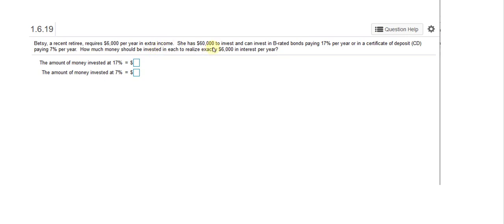She has $60,000 to invest and can invest in B-rate bonds paying 17% per year, or in a certificate of deposit, CD, paying 7% per year. How much money should she invest in each of the accounts to realize exactly $6,000 in interest per year?